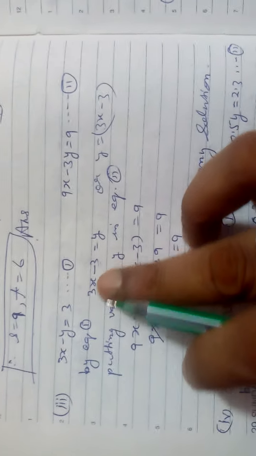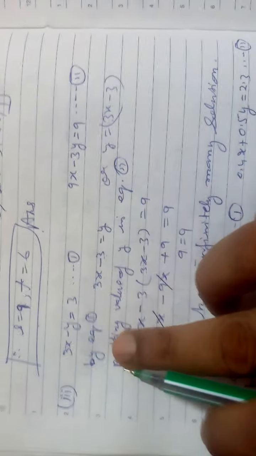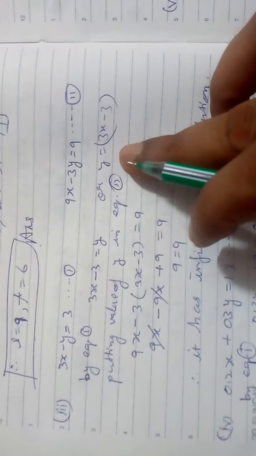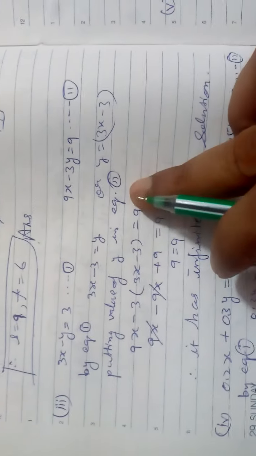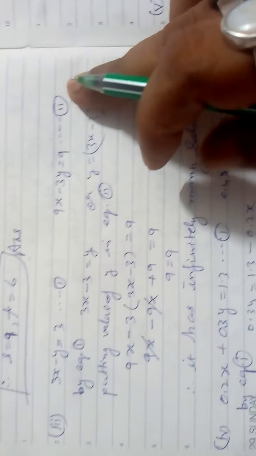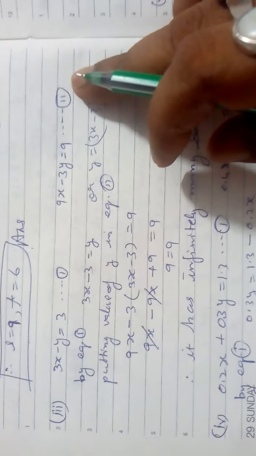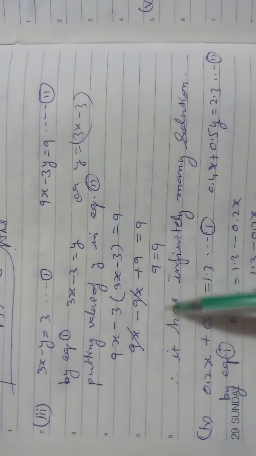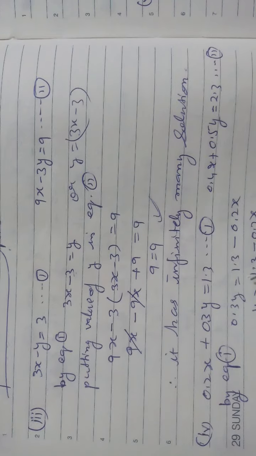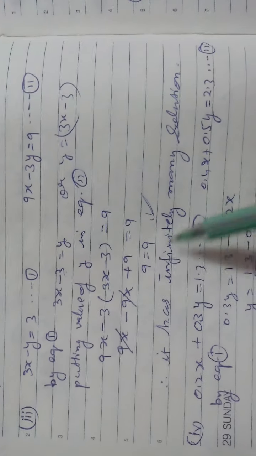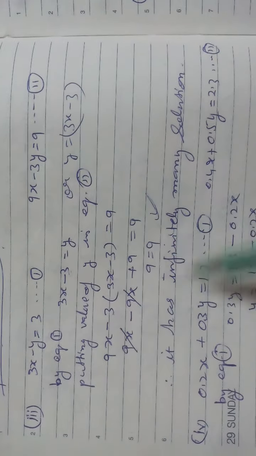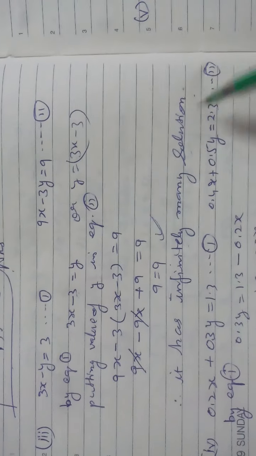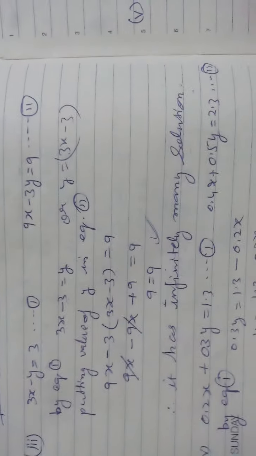If the whole term goes from left to right or right to left, then there is no change. Putting the value of y in the second equation, you are getting again here 9x, 9 equal to 9. So it is possible. So it has infinitely many solutions because variables are not here.